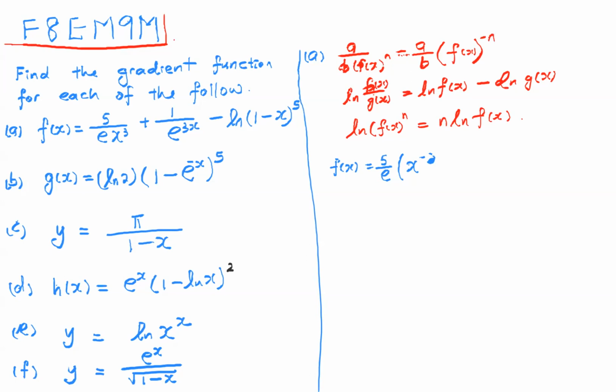So that is the first thing I can straight away change. -3. Close. Okay, the other one, the constant all are 1, am I right? So I can straight away plus e to the power of -3x, take away 5 times of ln 1 minus x.